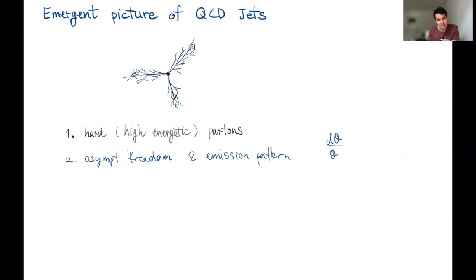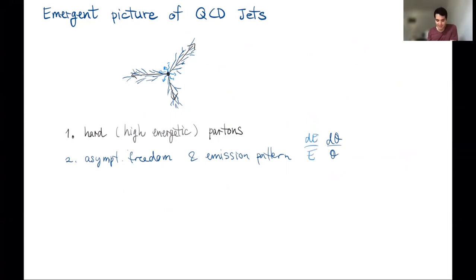And if there are soft emissions, which can also be enhanced, there's no per se constraint as to where they should emit. But that's also something that is enhanced by the emission probability.